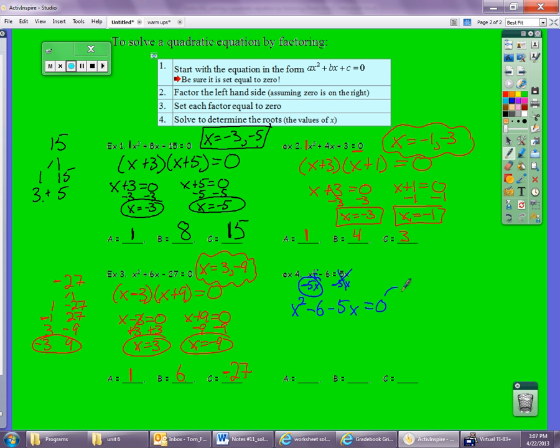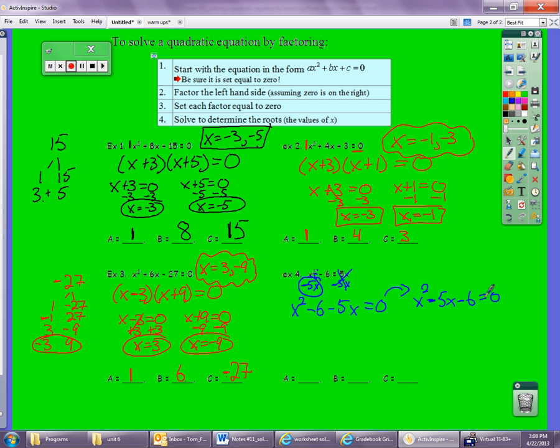I should have written it as x squared minus 5x minus 6 equals 0. We don't have any like terms, so the negative 5x goes in between the x squared and the minus 6. So it's in standard form, highest exponent to lowest exponent.